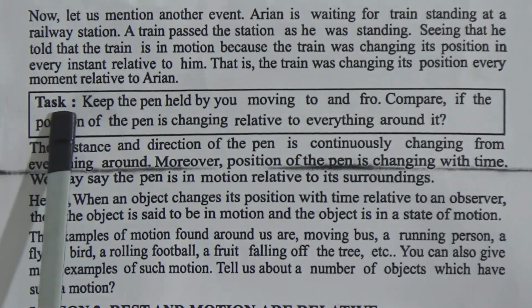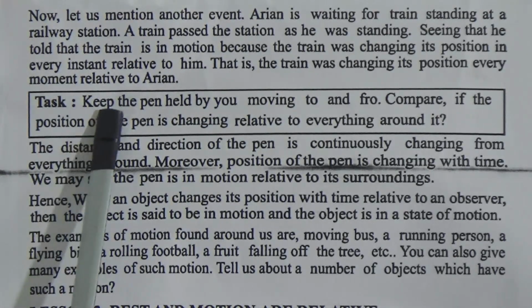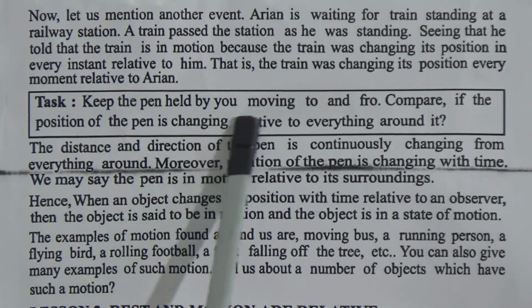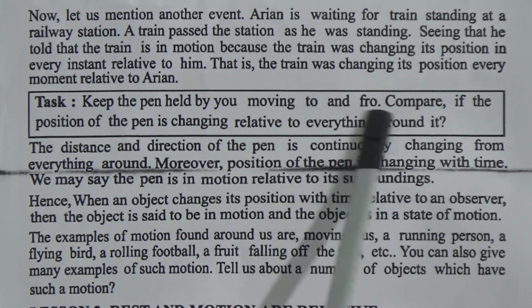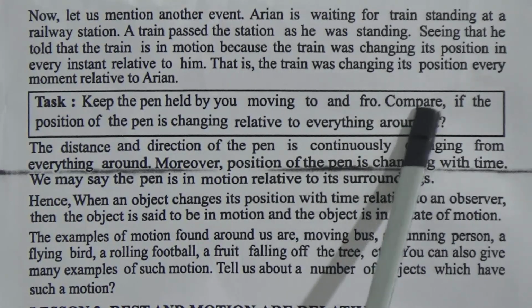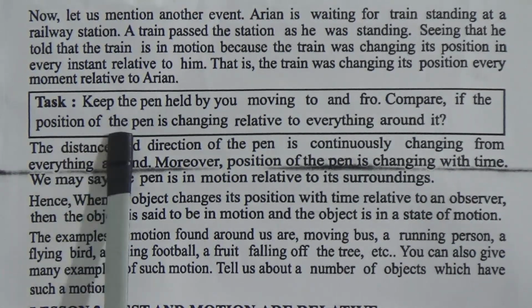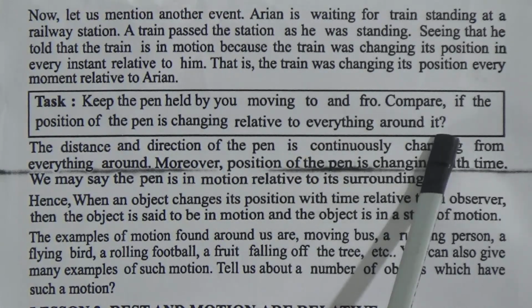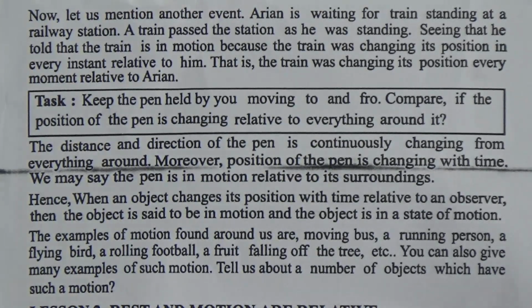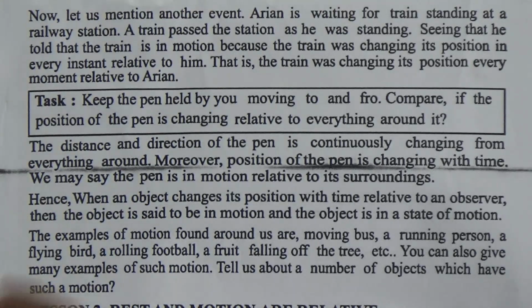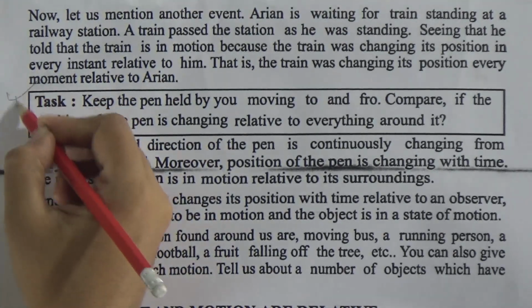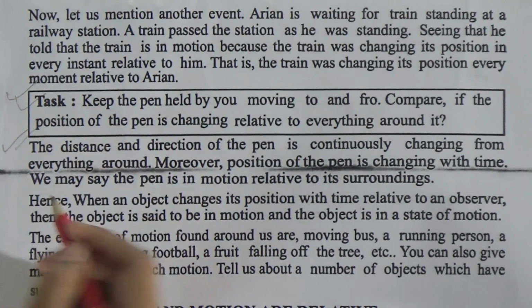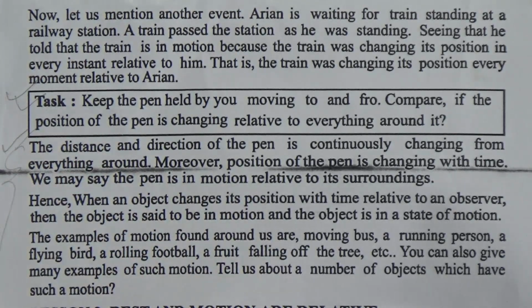Now again there is a task. Keep the pen held by you moving to and fro. Compare if the position of the pen is changing relative to everything around it. Dear students, like this I am moving my pen here and here too.